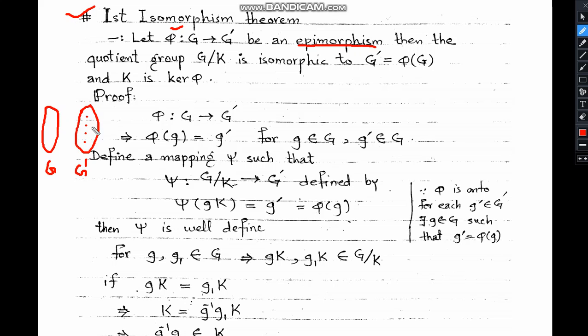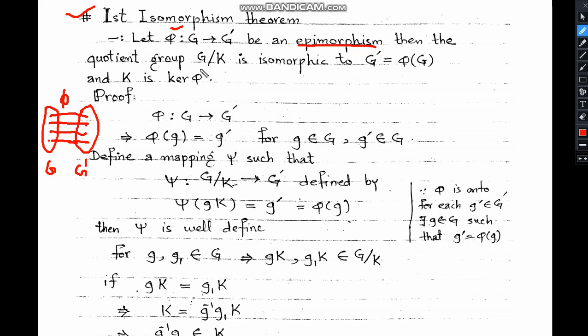If there are these four elements in G, then every element of G dash will be the mapping of an element of G, and this mapping phi is also a homomorphism.